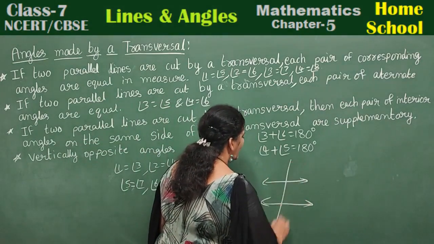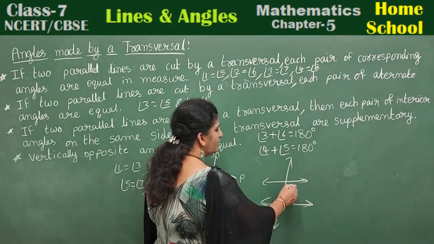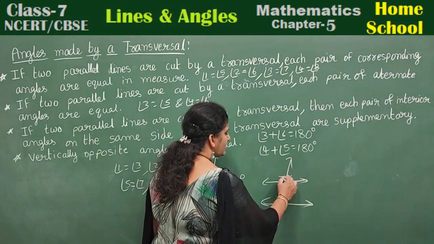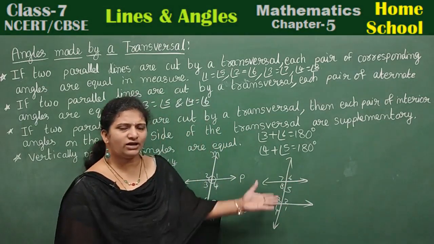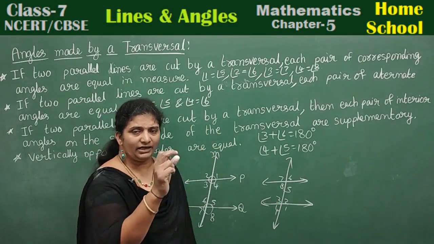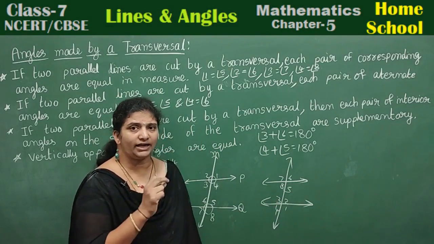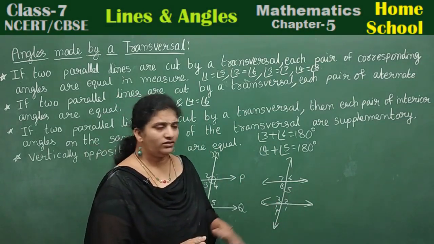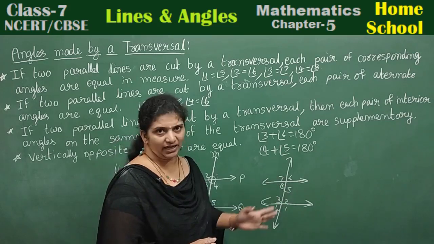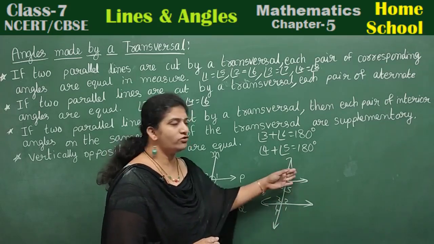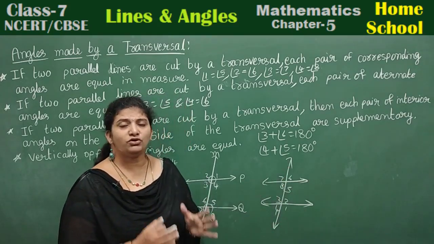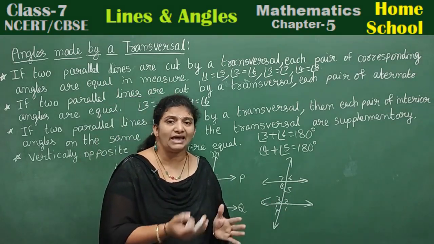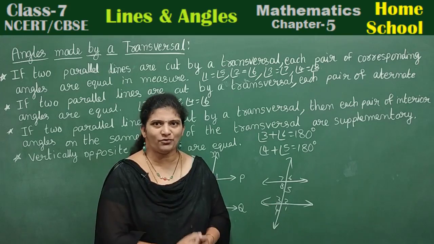You name any angle, children. You may take 1, 2, 3, 4, 5, 6, 7, 8. Now try to identify: interior, exterior, alternate, corresponding, vertically opposite. Interior angles 2, 3, 5, 8. Exterior 1, 4, 6, 7. Right? If you are able to identify by drawing many figures, then you will be perfect to solve the problems.